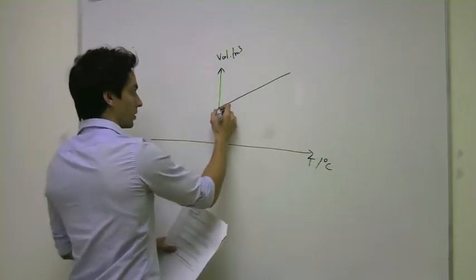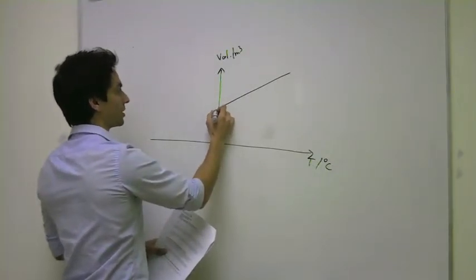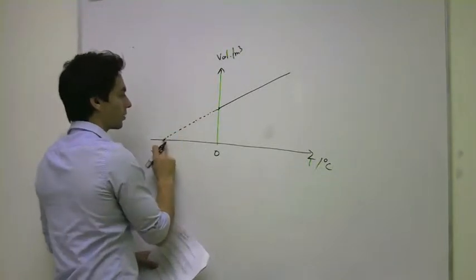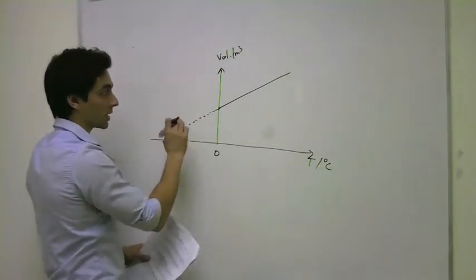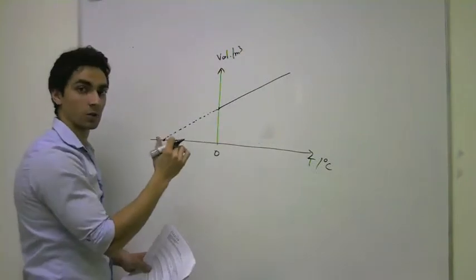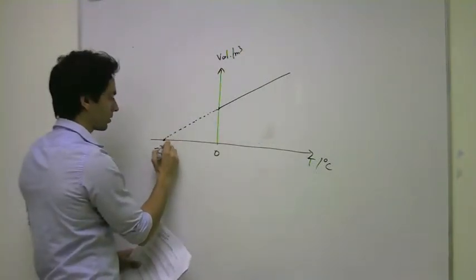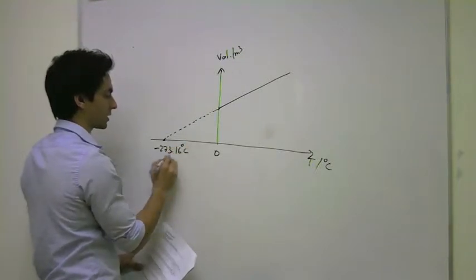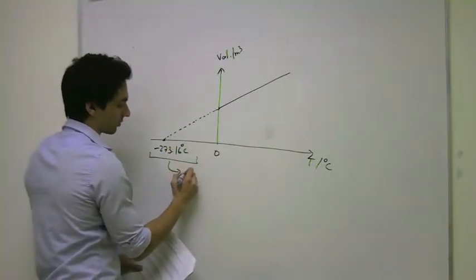Okay, so now if we extrapolate this, we reach a point here where theoretically the ideal gas will have 0 volume. Okay, this point is minus 273.16 degrees Celsius. This is called the point of absolute zero.